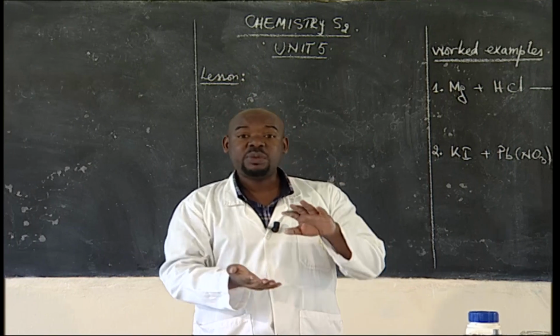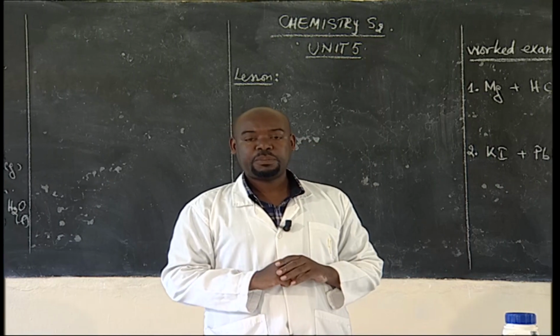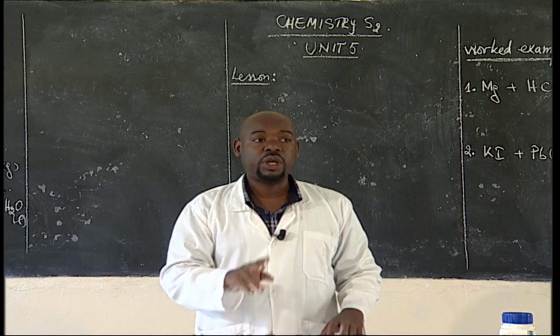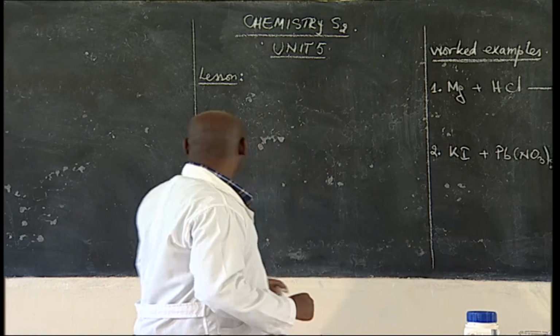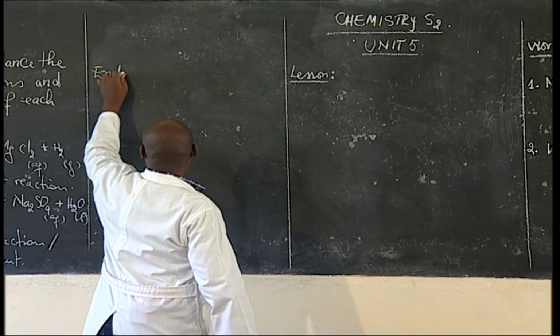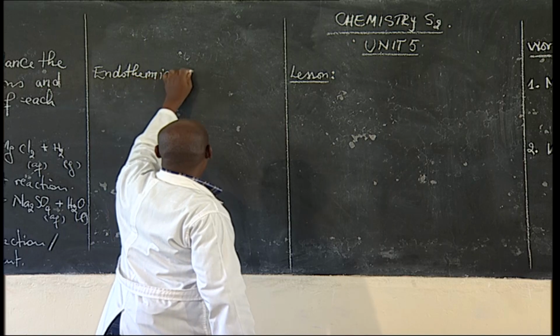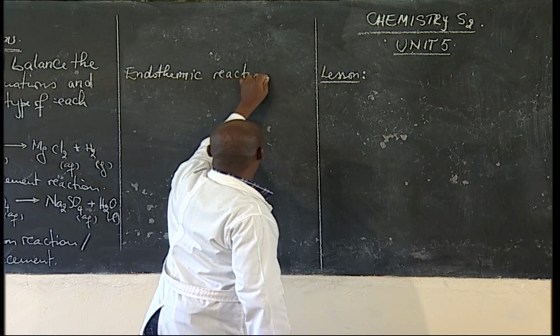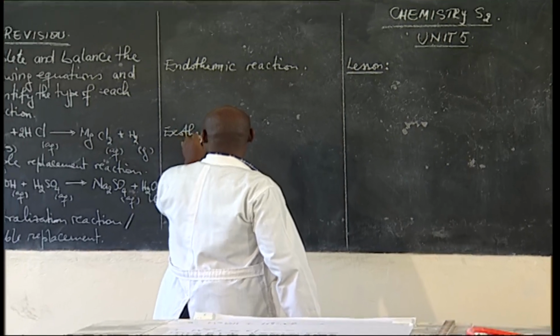And there is another possibility that the temperature can decrease. And because of that, we get two types. Type number one is endothermic reaction. And the second is exothermic reaction.